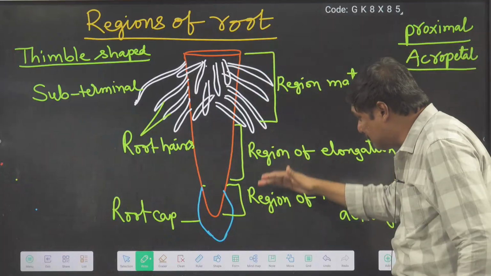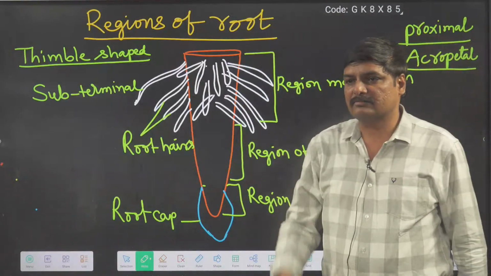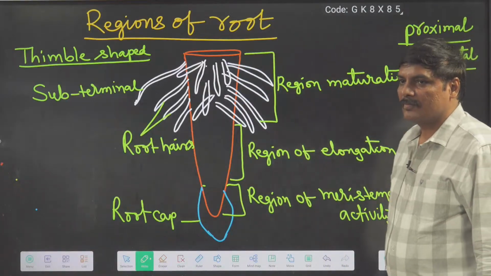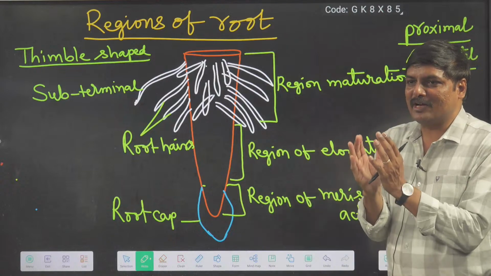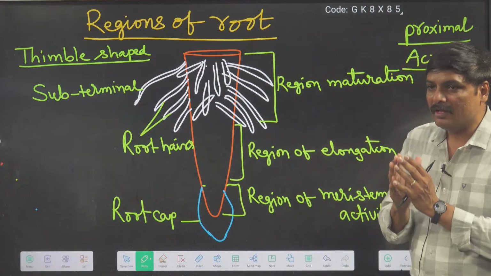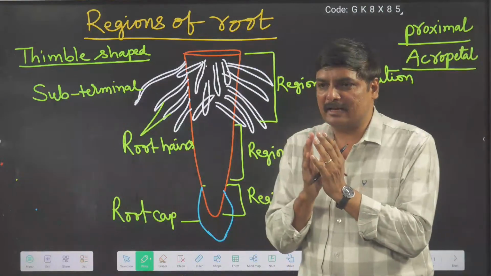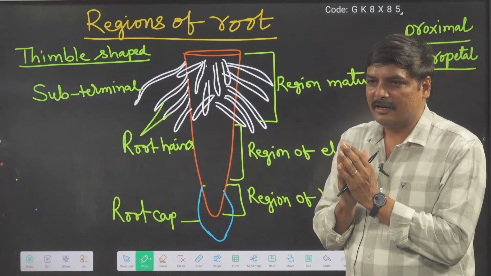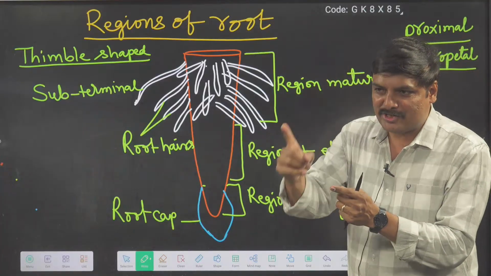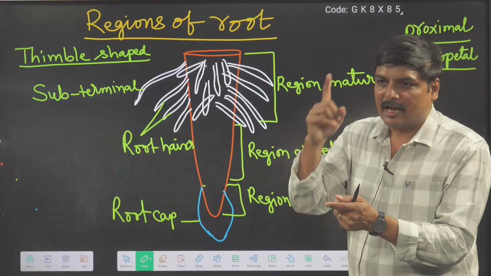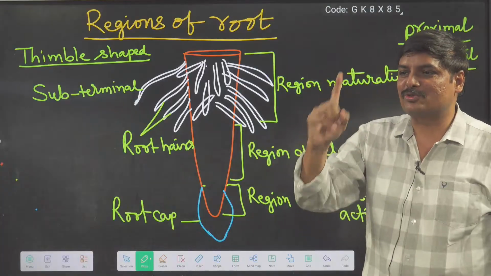From base to tip, distal. Okay. Now I will ask one important question. Which region is present distal to the maturation zone and proximal to the meristematic zone?